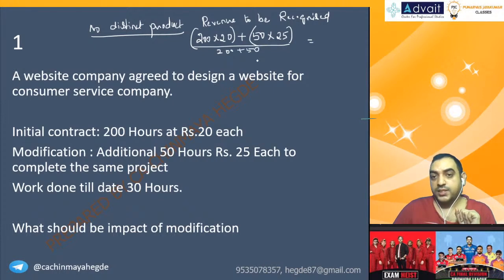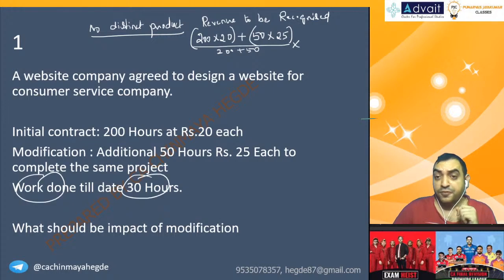Can you tell me how much this number comes to? This is per hour, multiplied by work done, number of hours, 30 hours.